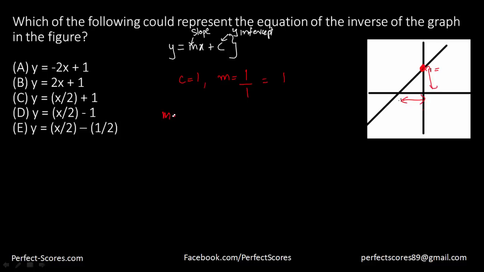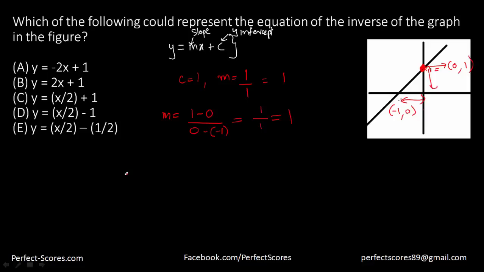You can also calculate the slope using the slope formula. This point is x is equal to 0, y is equal to 1, and this is x is equal to negative 1, y is equal to 0. So the slope is going to be y2 minus y1, that is this, over x2 minus x1, which is going to be equal to 1 over 1, that is 1.